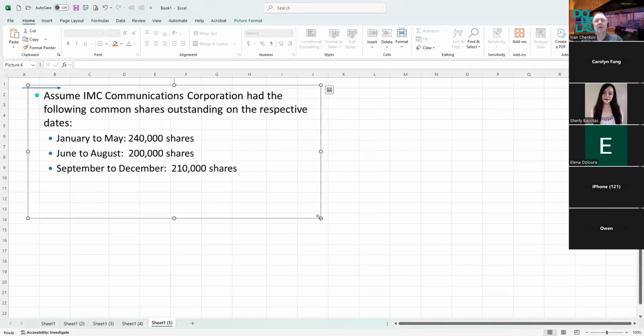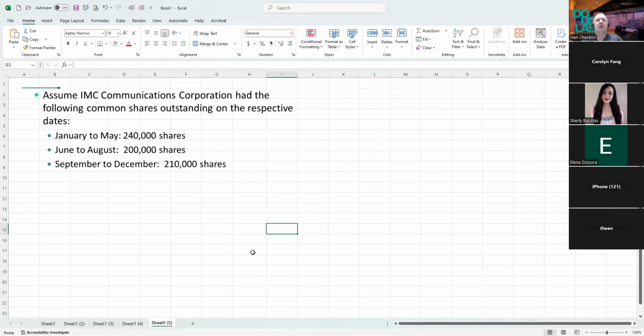There are four different ways to calculate the weighted average number of outstanding shares. The first option is, obviously, we're computing the weighted average during the entire year, over 12 months. In Option 1, first you get how many are outstanding from January to May. January to May, how many months are those? 5 months. How many are outstanding?